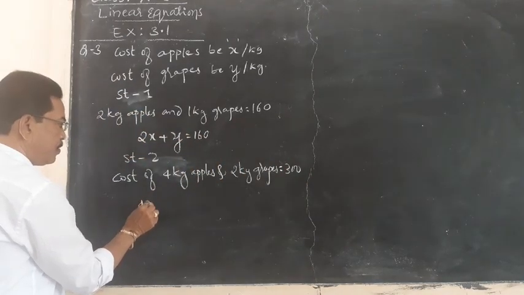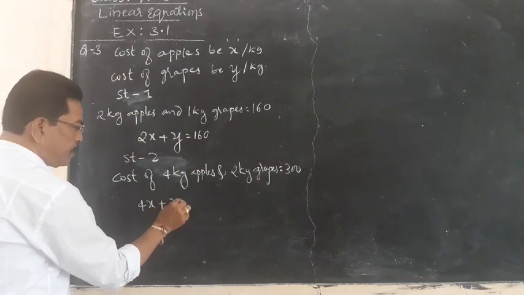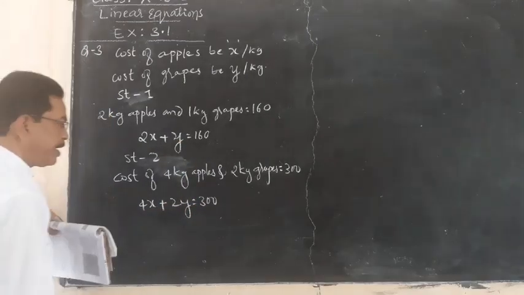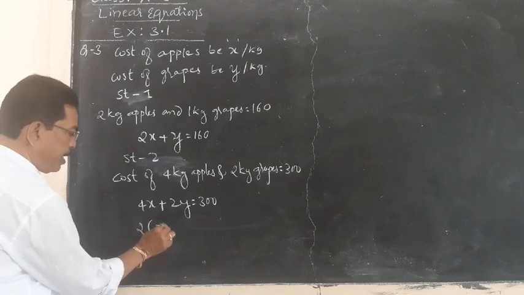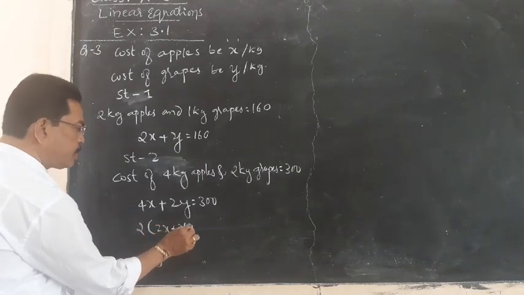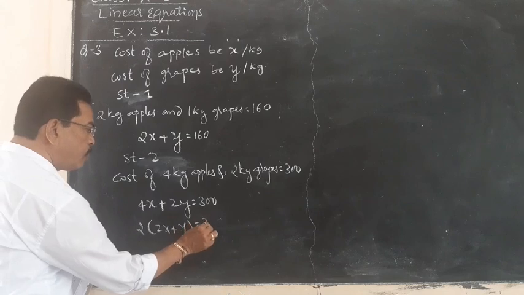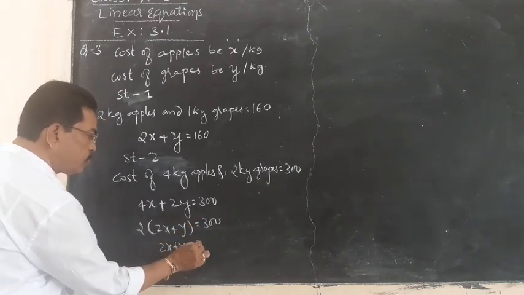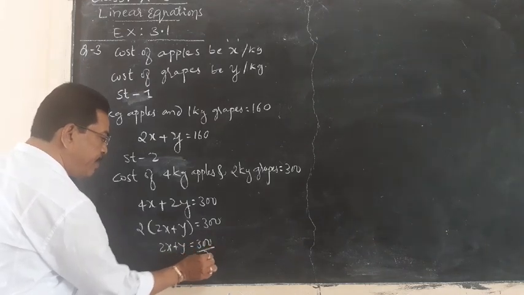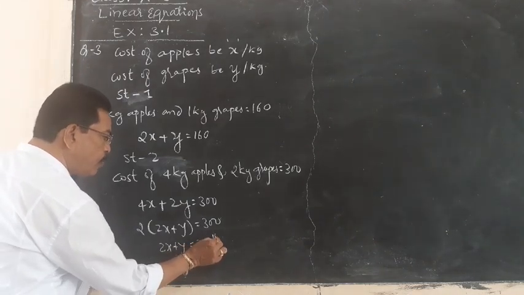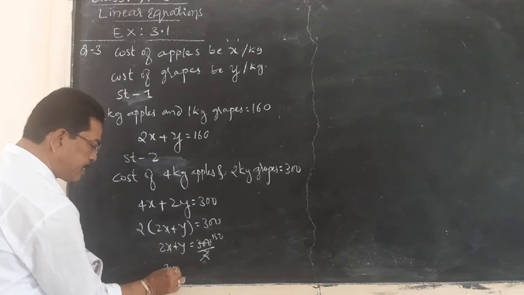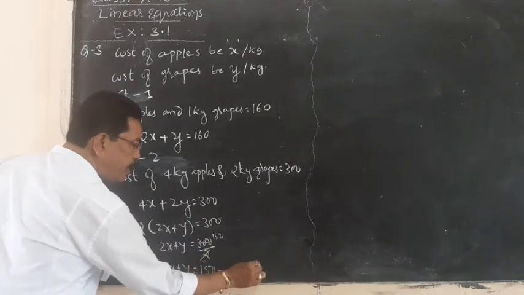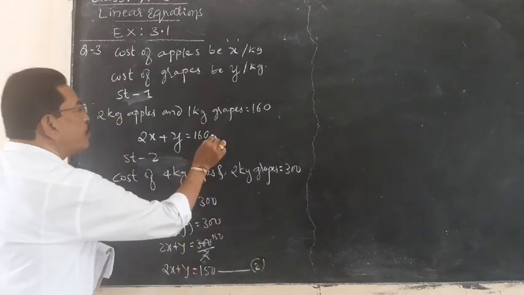That is 4x plus 2y equals 300. Taking 2 in the bracket, 2(2x plus y) equals 300. 2x plus y equals 300 divided by 2, that is 150. 2x plus y equals 150. Equation 2, equation 1.